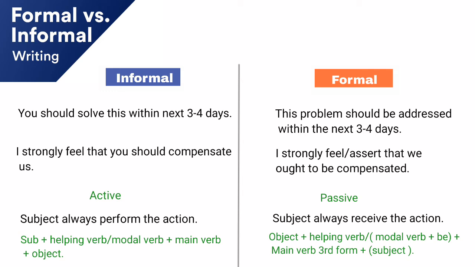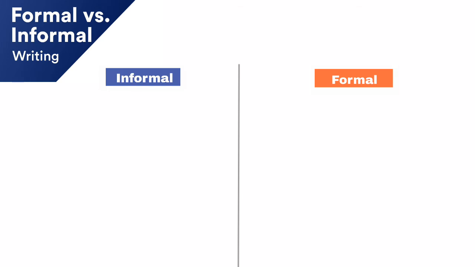Okay, now suppose you are sorry about something and you want to express your apologies in your letter. It could be a letter that you are writing to your friend, or to a person that you don't know. If you feel sorry, in an informal way, you write, I'm very sorry about, or I'm very sorry for.